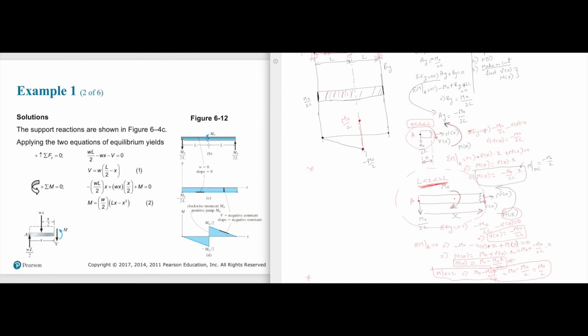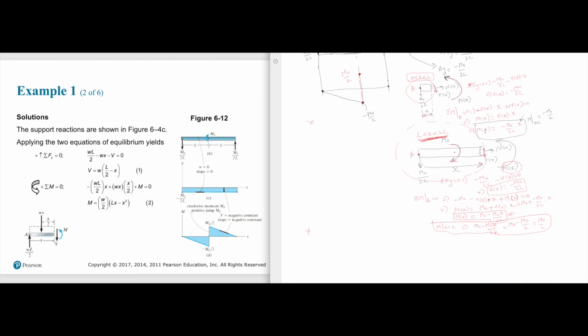Then what is the moment at x equal to 2L? Plug in x equal to 2L there. The moment at x equal to 2L is M naught minus M naught over 2L times 2L. So you get 0. That means it's a line equation, right?